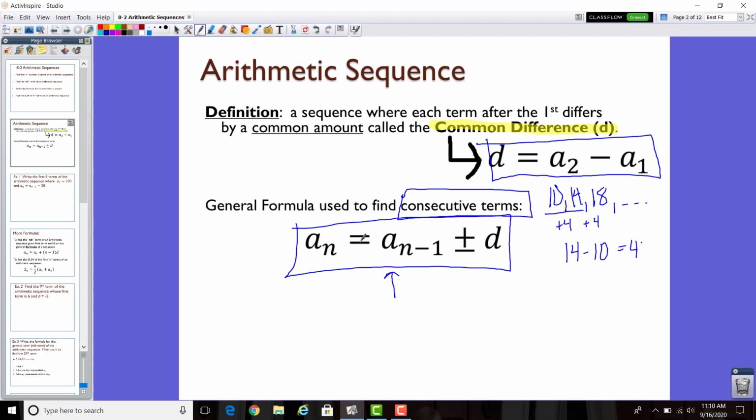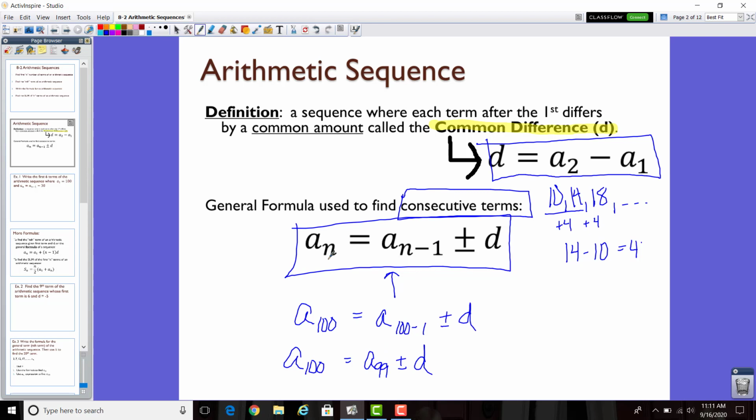This says any term can be found by taking the previous term and adding or subtracting our d value. Okay, so that means if I'm looking for the 100th term, then I need to know the 99th term and I need to know d, because the 100th term is found by taking the 99th term and adding or subtracting our common difference to it.